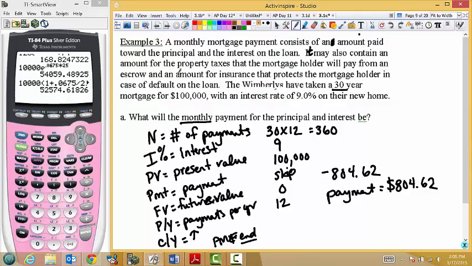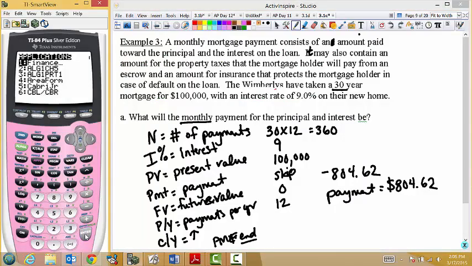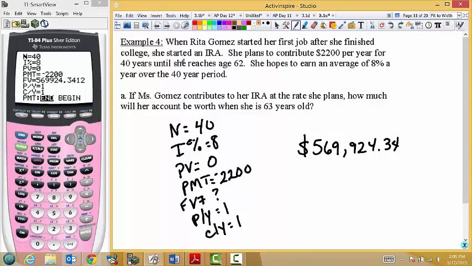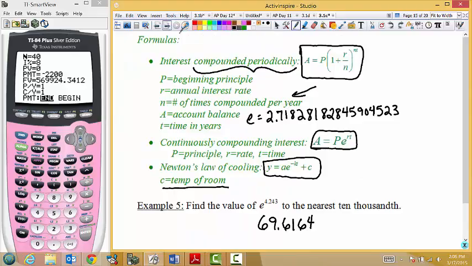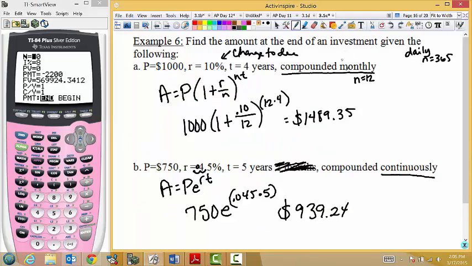If you're buying something, you go to the finance, and your present value has a number in it, and your future is 0, because eventually you want to pay it off. If you're investing money, you start with 0 in your present, and you're trying to find your future. Then you have your interest compounded periodically and continuously. If it gives you something like monthly, daily, yearly, quarterly, you use periodically. If it says continuously, you use PERT.